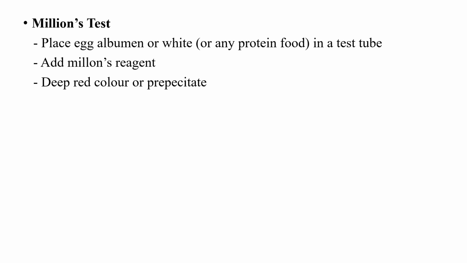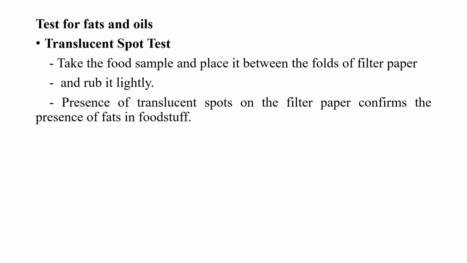In Millon's test, we simply use Millon's reagent. You place your proteinous item such as egg albumin in a test tube. Then you just add a few drops of Millon's reagent. Thereafter, a deep red color or precipitate appears, and this shows the presence of protein in the food item.